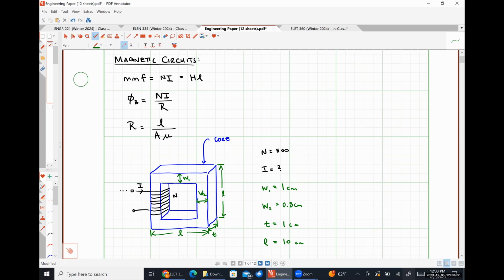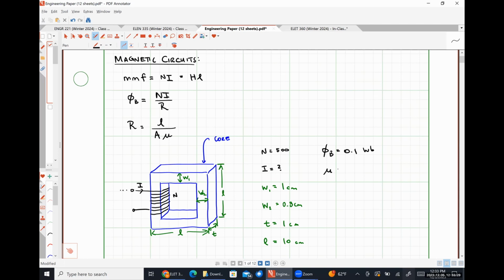So our goal in this case is to, like I said, determine the current I that is needed to sustain a flux of phi b is equal to 0.1 Webers if our core has a permeability of 25,000 mu 0.